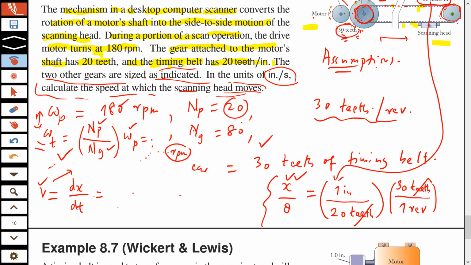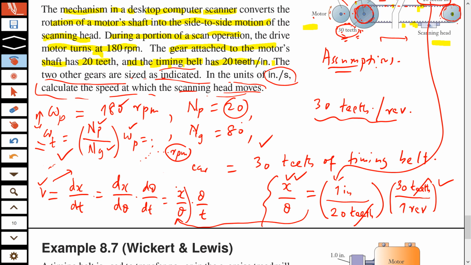I can apply the chain rule. So dx over d theta, where theta represents the angle of rotation, which can be 2 pi radian as well, and d theta over dt. And because the speeds are constant here, I can simply say x over theta and theta over t. Okay, I don't need the derivative because everything is constant motion. So x over theta I know from here, so this value will come here.